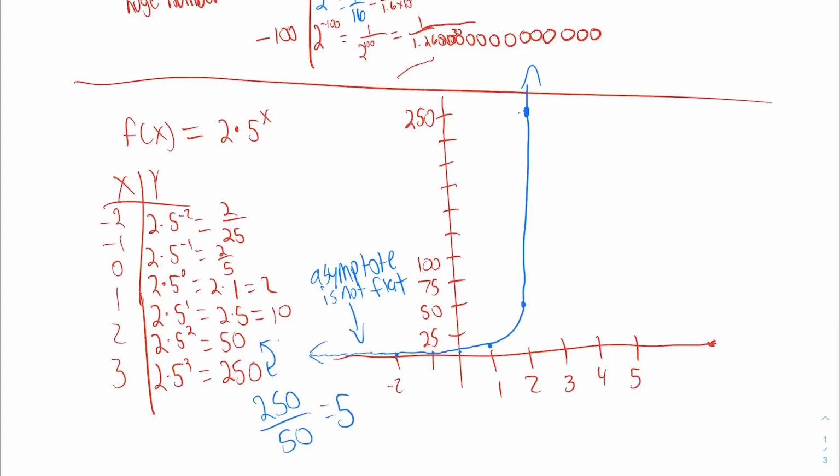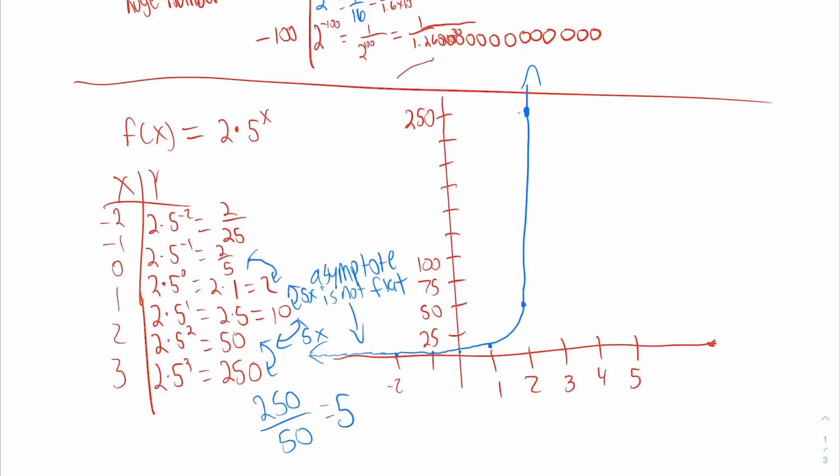Let's compare these. 50 and 10. How many times bigger is 50 than 10? 5 times. 2 over 5 times 5 gets you to 2 because it would cancel out the denominator. 2 over 5 to 2 over 25, again, is another factor of 5.